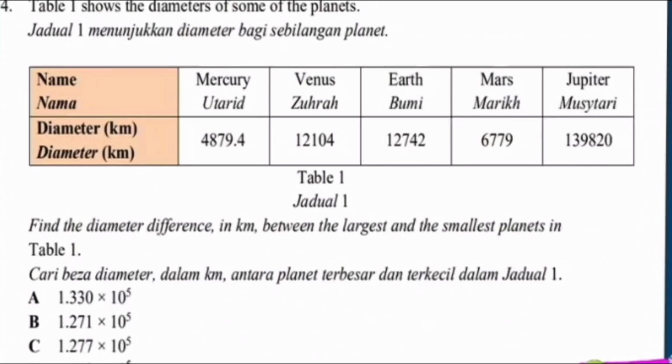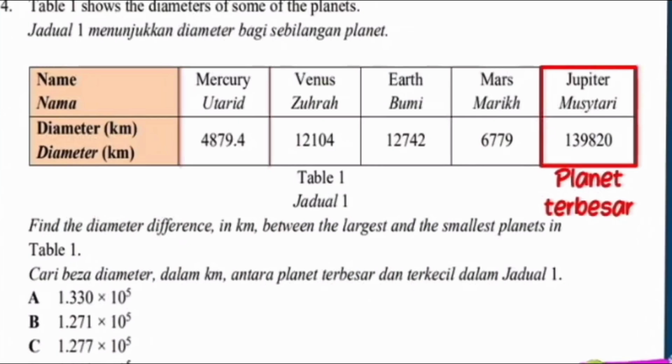Okay, now let's proceed to question number 4. Table 1 shows the diameters of some of the planets. Okay, you have Mercury, you have Venus, we have Earth, Mars, and Jupiter. Okay, the question is find the diameter difference in kilometers between the largest and the smallest planets in table 1.